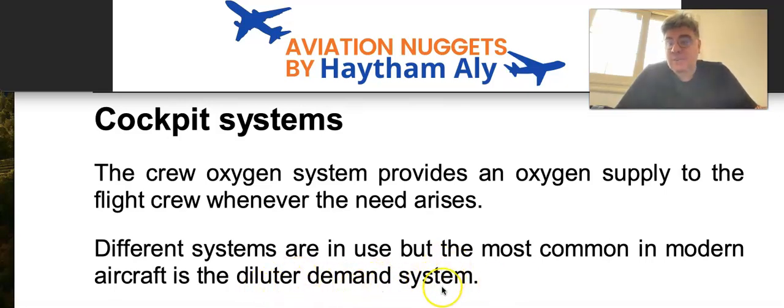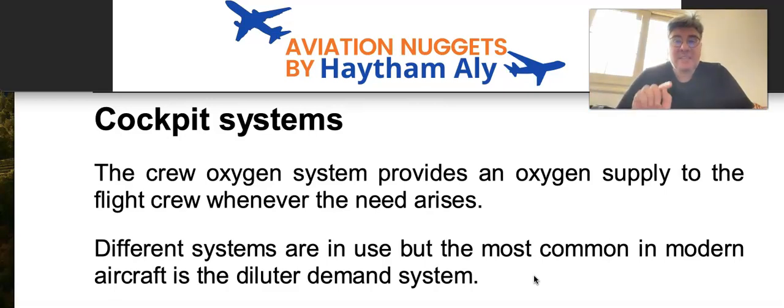What is meant by dilutor demand regulator or dilutor demand system? The dilution function, everybody, allows the wearer to inhale a mix of oxygen coming from the cylinder and cabin air if the situation allows. And if the situation does not allow, the mask regulator will allow the wearer to breathe only 100% oxygen coming from the cylinder.